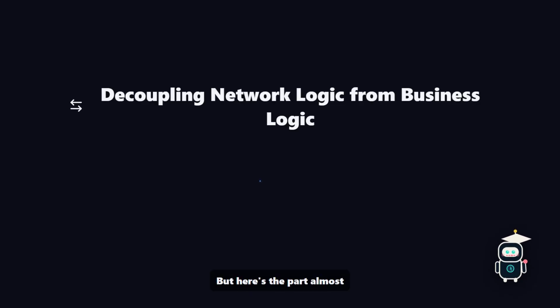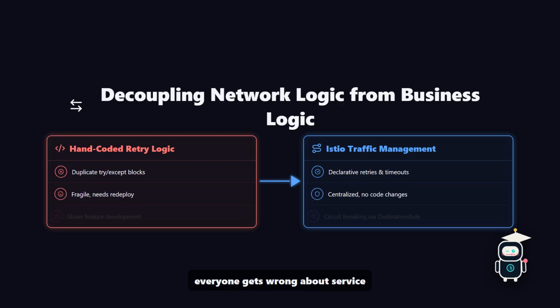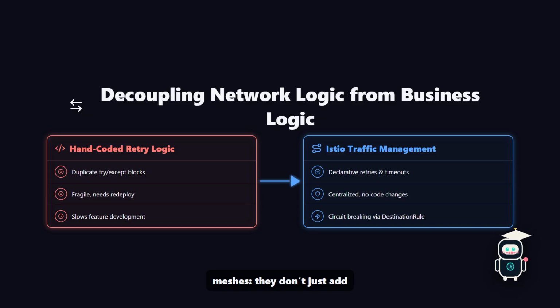But here's the part almost everyone gets wrong about service meshes. They don't just add encryption. They replace your retry logic entirely. On the left, a developer is handwriting retry loops in Python, duplicating that code across a dozen services. It's brittle, and every tweak needs a new deploy.